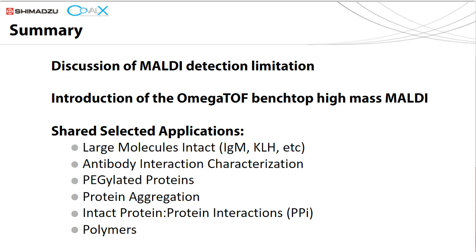And then we went into the introduction of the OmegaTOF, the first benchtop instrument specifically designed for high-mass MALDI applications, featuring the Covalx detector, and discussed how we can address those issues with sensitivity and saturation in the latest benchtop technology. Then moved into some different applications featuring this technology, specifically some large molecule analysis, examples of IgM, immunoglobulin M, KLH, some other big proteins.